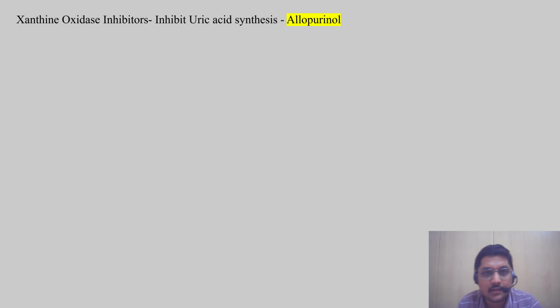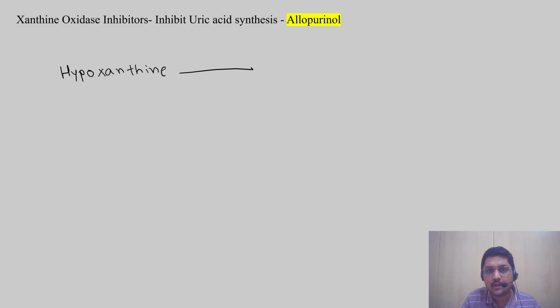Xanthine oxidase inhibitors. What is the role of xanthine oxidase? What is it, and why are we trying to inhibit it? Okay, let's learn about this one. In purine metabolism, one of the byproducts formed in the cascade of reactions is hypoxanthine.